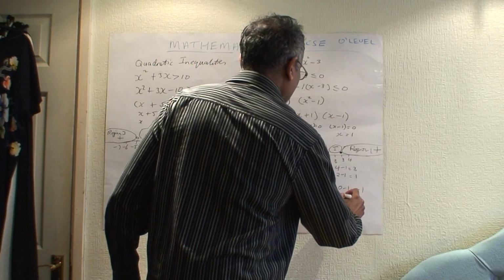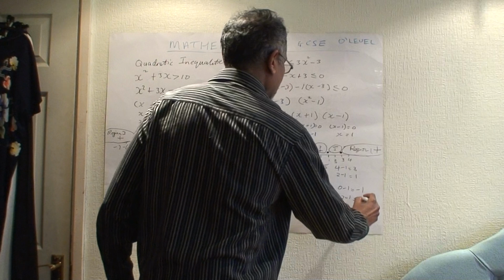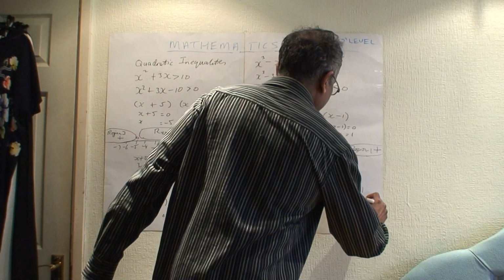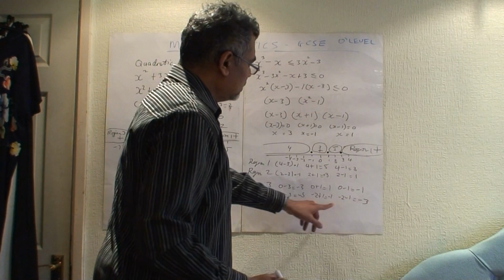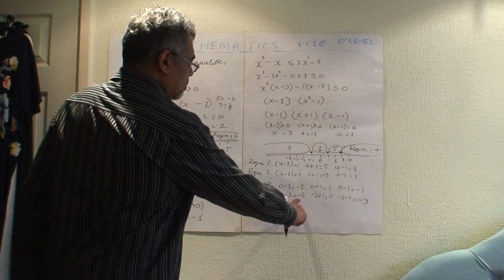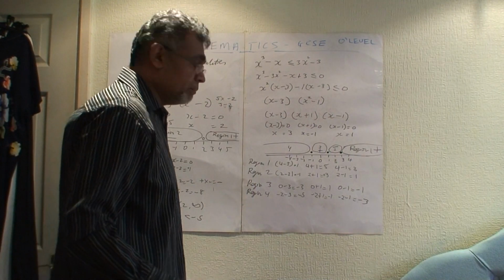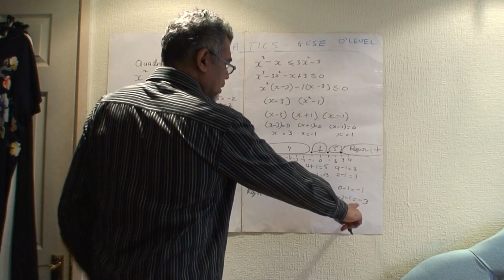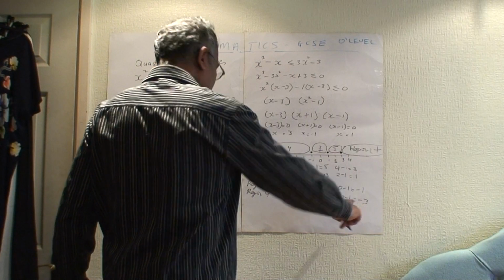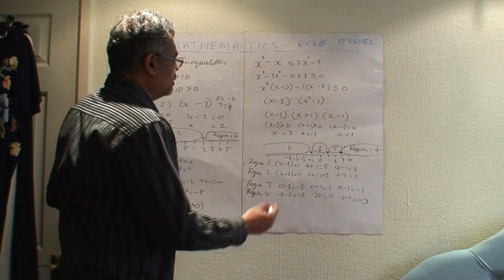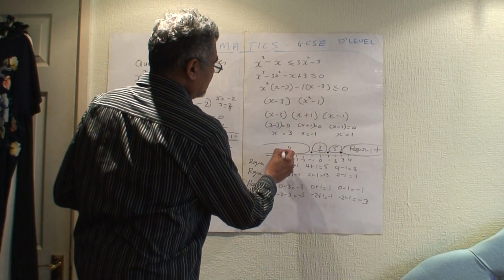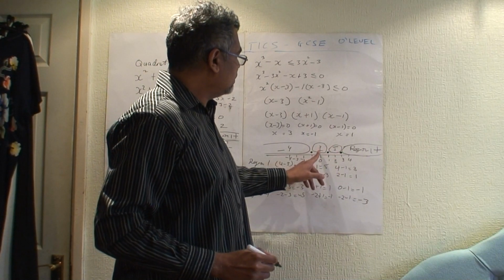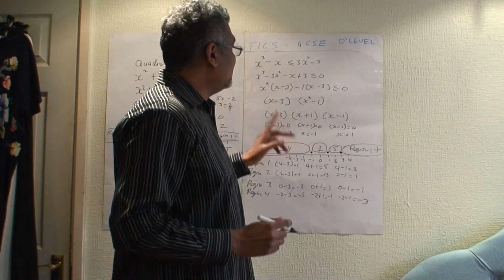And minus 2 minus 1 gives us a minus 3. So we have lots of minuses, but minus by a minus is a plus, a positive, and a positive multiplied by a negative gives us a negative. So this here is negative. So region 1 is positive, region 2 is negative, region 3 is positive, and region 4 is negative.